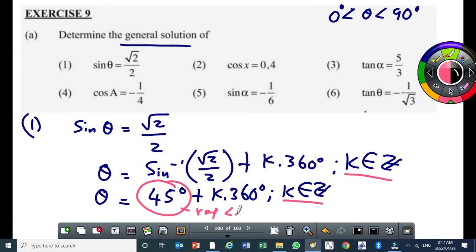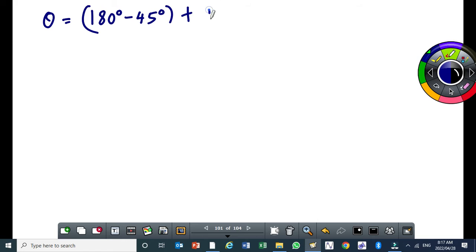Then the second one, we'll get it by subtracting the acute angle from 180 degrees. So the next one will be 180 minus 45 degrees plus k times 360, where k is an integer.